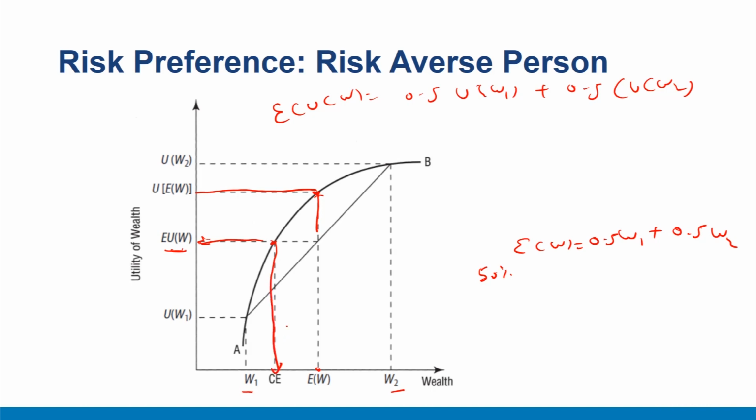CE is the certain amount. If I give that to this individual, he is willing to forego the gamble. And notice the gap here. This expected value of wealth is more than the certainty equivalent. That means the certainty equivalent is less than the expected value. That means in order to withdraw from this gamble, I need to give him a lower amount.